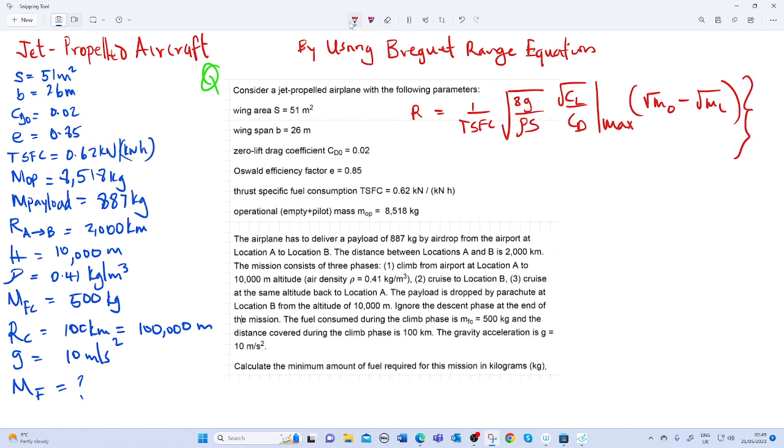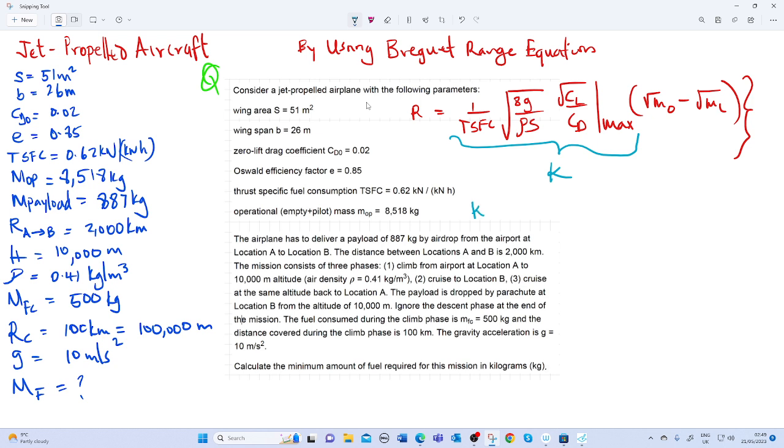Now, by using this particular Breguet equation, we can deduce that the following factor here is constant.